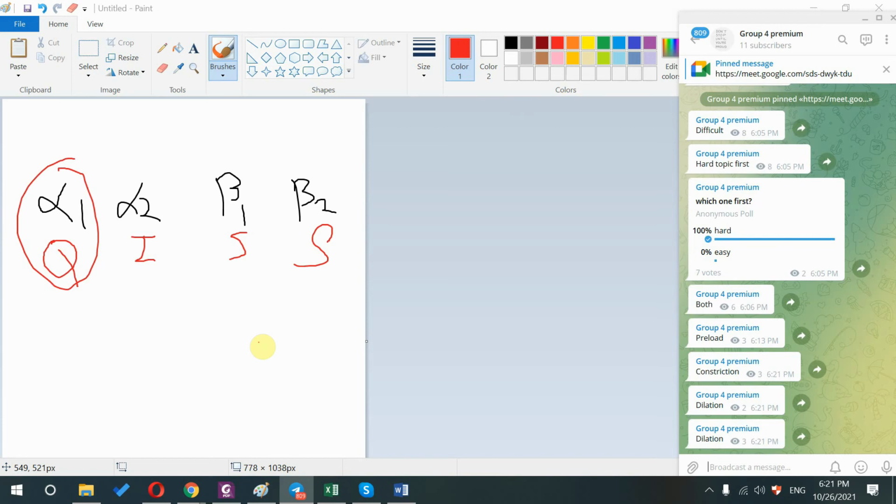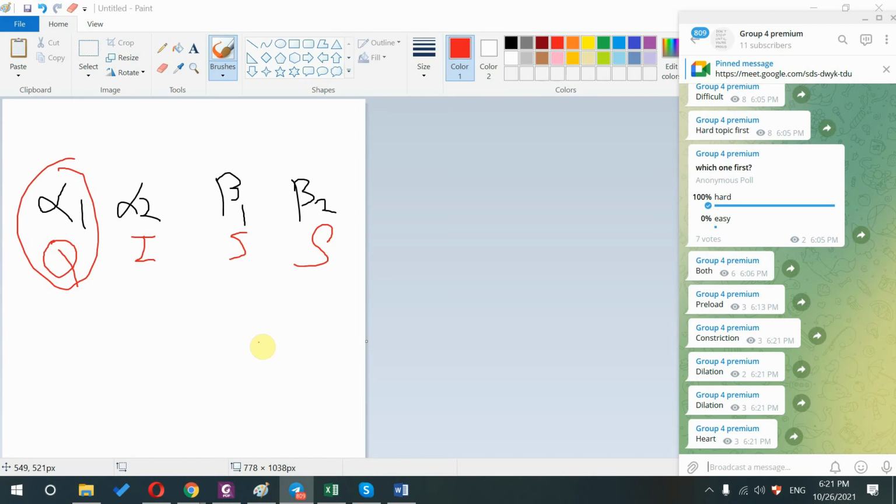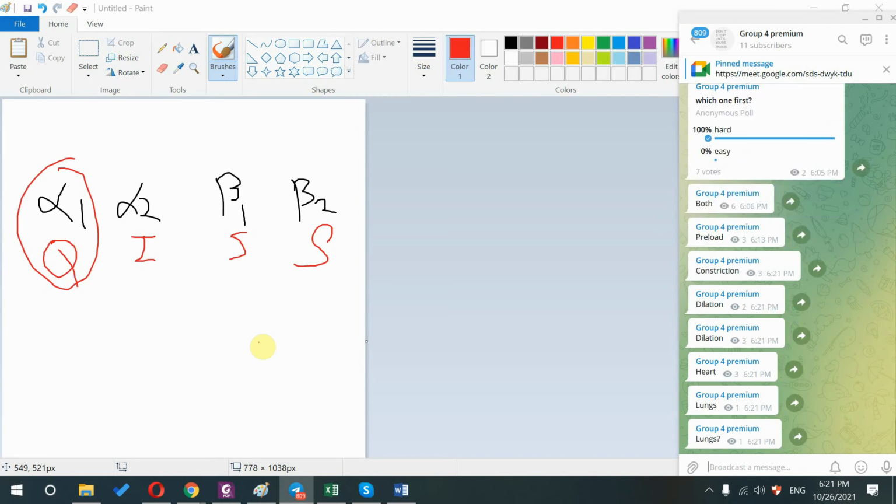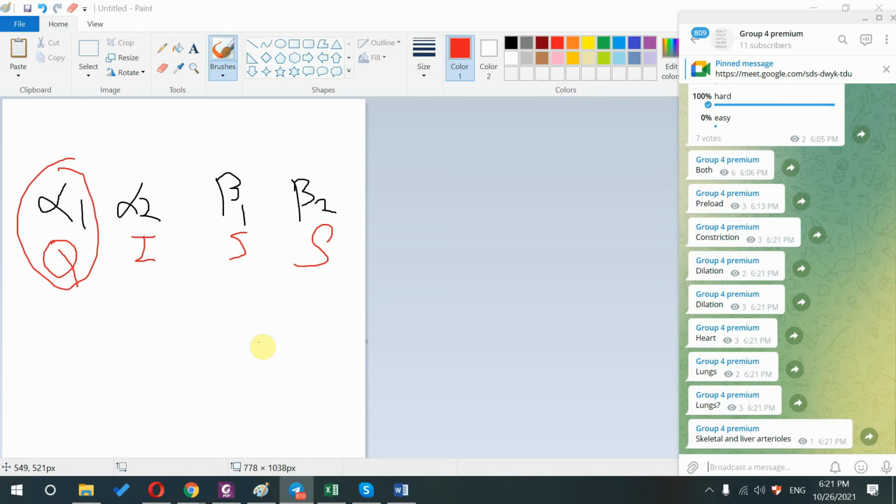Which organ are they located at? Beta 2, where are they located? Yes, lungs, bronchi, correct. What about alpha 2? Where are they located? Skeletal muscle and arterioles for beta 2, that's correct. What about alpha 2?